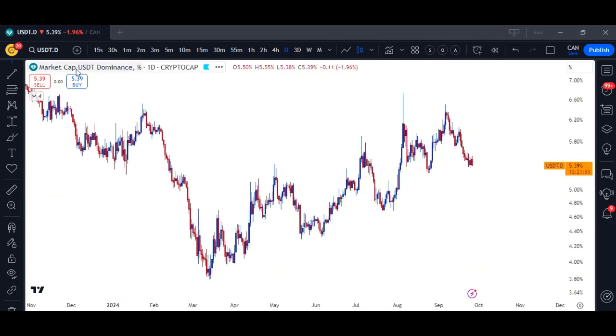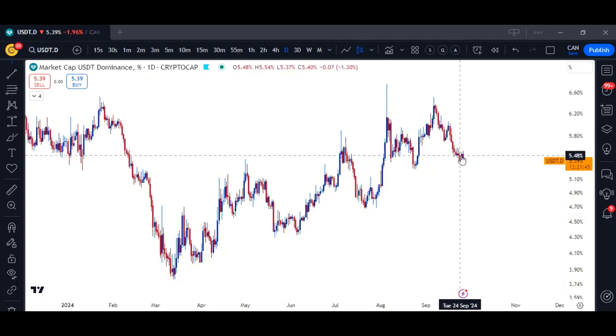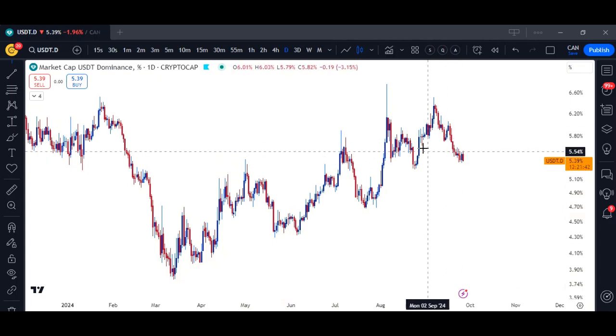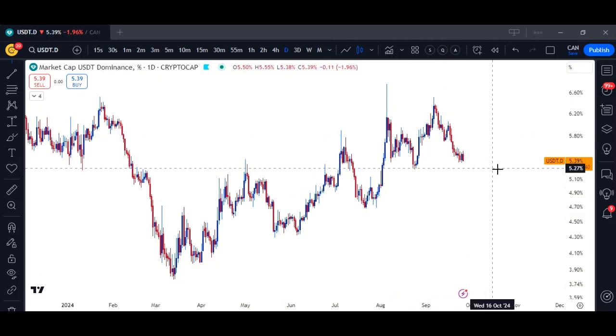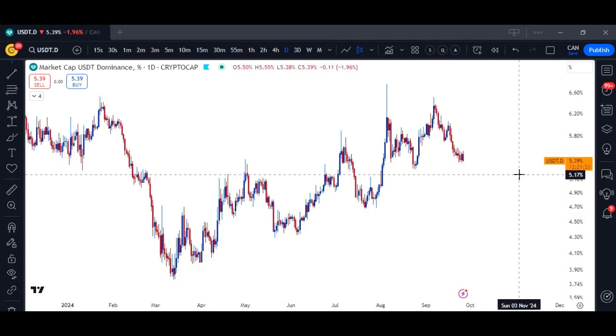If you know about USDT dominance, you already understand that when this index goes down, the market is going to pump, because when the dominance of Tether goes down, a lot of money goes into cryptocurrency, altcoins, Bitcoin.